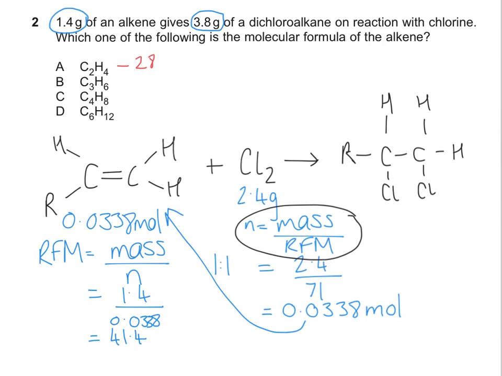So we've got 2 carbons, which are 12 each, that's 24, plus 4 hydrogens is 28. C3H6, we're just adding a CH2, so we're adding 14. That has an RFM of 42. And you can see that's close to our answer of 41.4, so the answer is B. The relative molecular mass of our alkene is 42, which corresponds to a formula of C3H6.